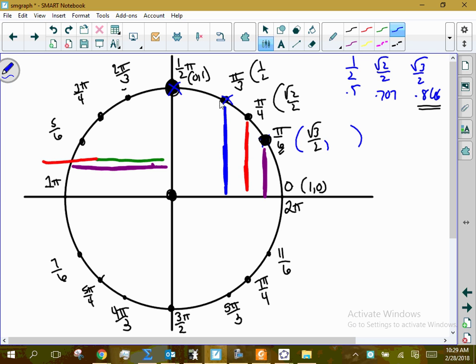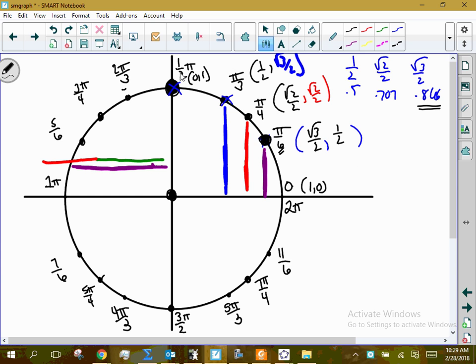So now we see that the blue one is bigger. So the blue one is going to be root 3 over 2 right there. The red one is the middle one, so that's root 2 over 2. And the purple one then is the smallest one, which is going to be 1/2.